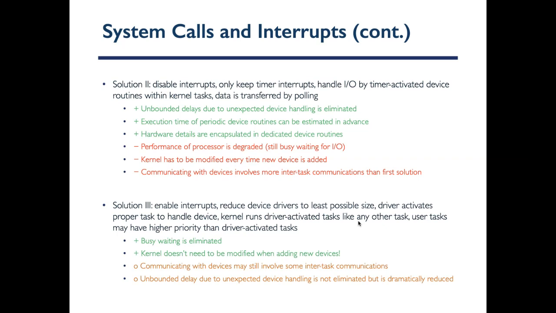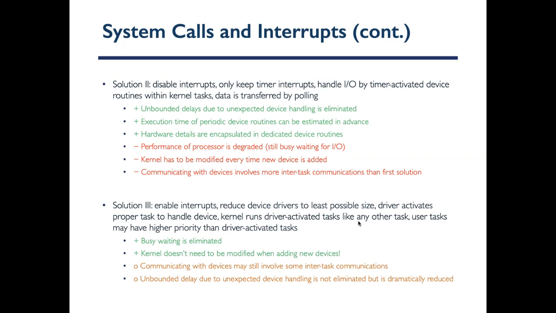But the cost we are paying is that, first of all, there is some communication, again, compared to the first one, between the tasks and the device drivers to transfer data. This is sort of minimized now, right?